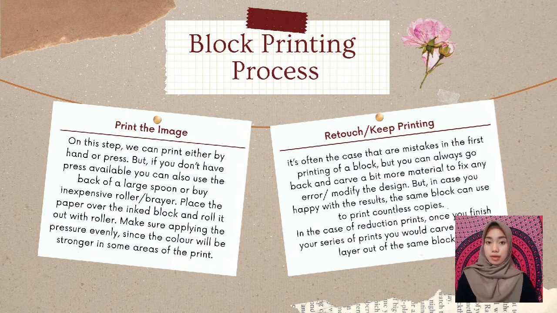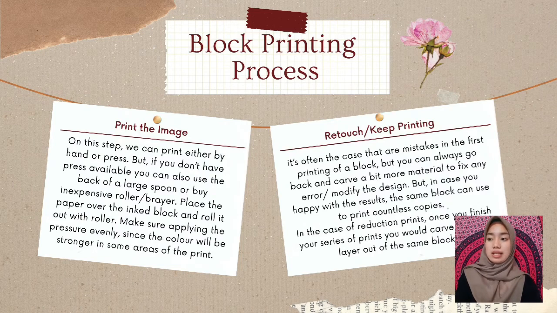Place the paper over the inked block and roll it out with the roller. Make sure to apply the pressure evenly. You have to be patient, since the color will be stronger in some areas of the print. So make sure you keep the same fine texture.